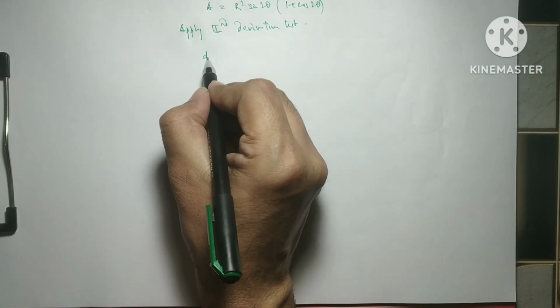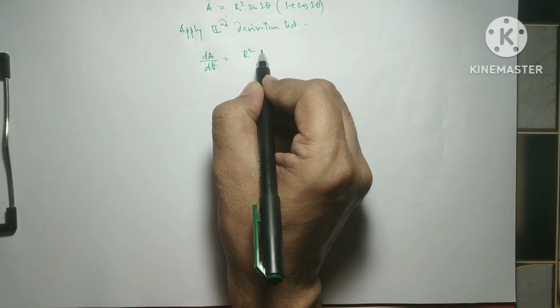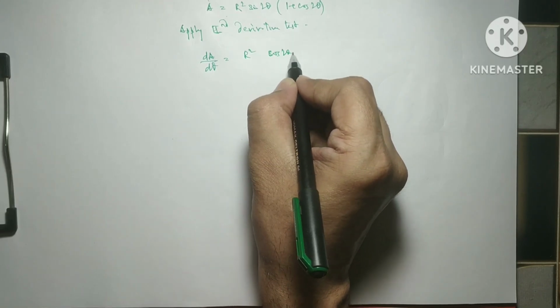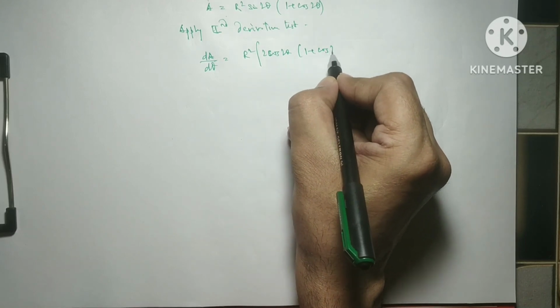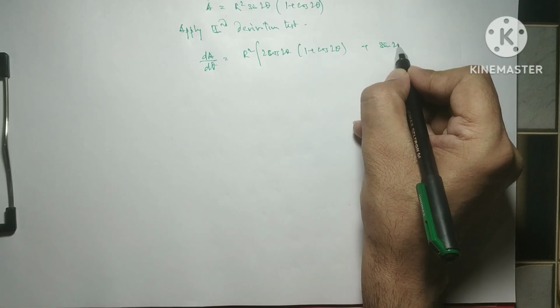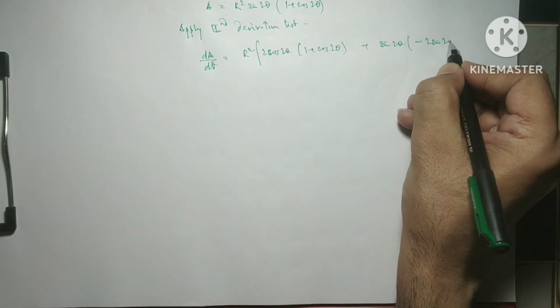So it will be dA over dθ, that is R² cos 2θ (1 + cos 2θ) as it is, plus sin 2θ as it is, and it is minus 2 sin 2θ.